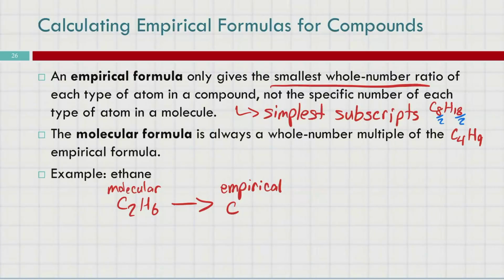So we'd have CH3. And that whole number multiple, in this case, was 2. So if we take the subscripts of the empirical formula, the CH3, multiply it by 2, we get C2H6. It's working the other direction.